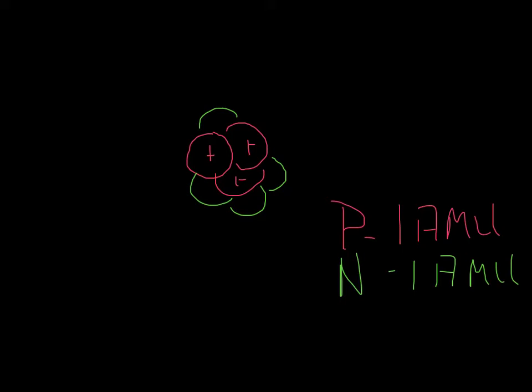And since we have positives to balance that out on the periodic table, we have the negative electrons, which are found in the electron cloud. And electrons travel in energy levels around the nucleus.